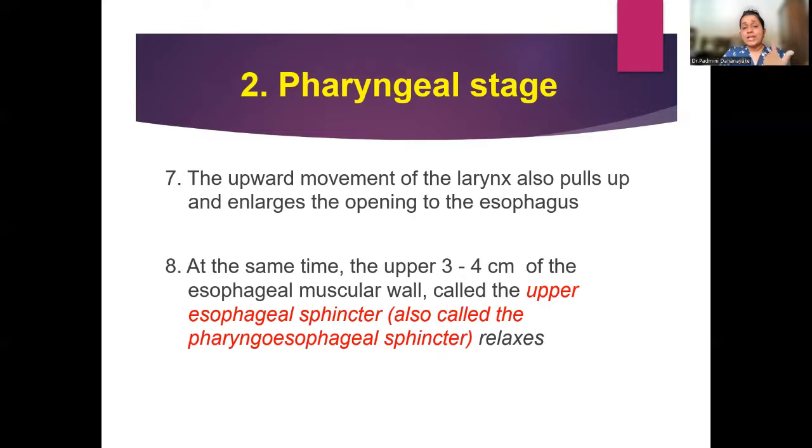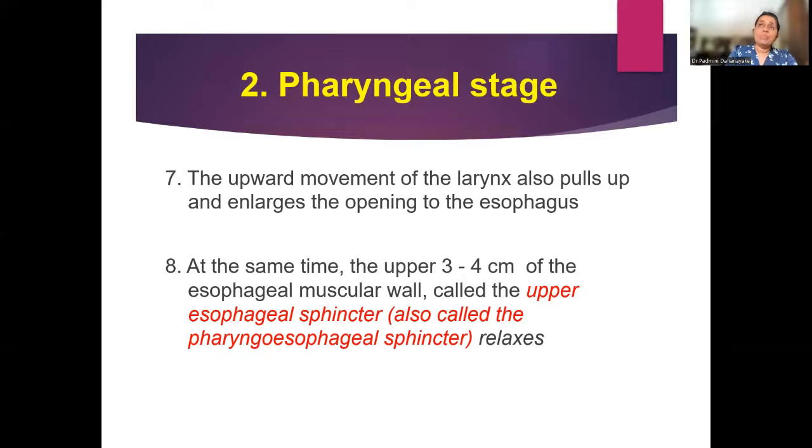And at the same time, remember, the upper 3 to 4 centimeters of the esophageal muscular wall is known as the upper esophageal sphincter, or in some textbooks the pharyngeal-esophageal sphincter. It will be relaxed.